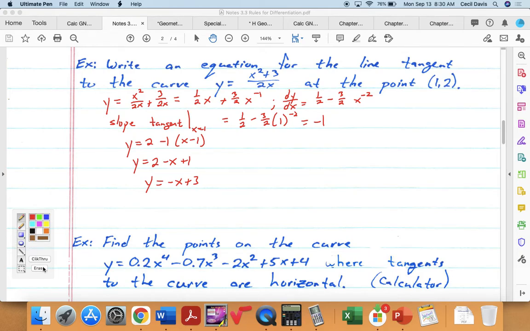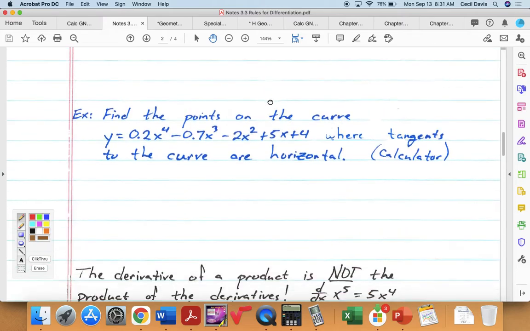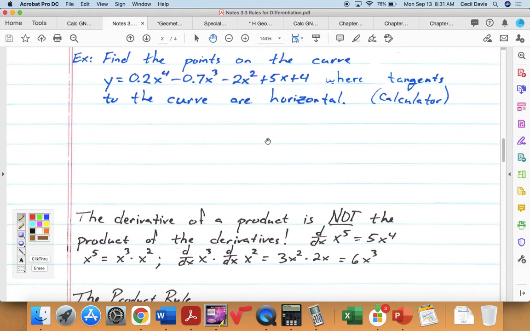All right, next example. Find the points on the curve where y equals the polynomial function 0.2x to the fourth minus 0.7x cubed minus 2x squared plus 5x plus 4, where tangents to the curve are horizontal. And this is a calculator problem.